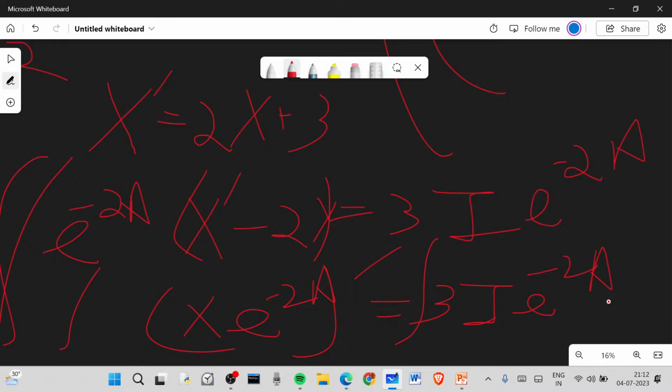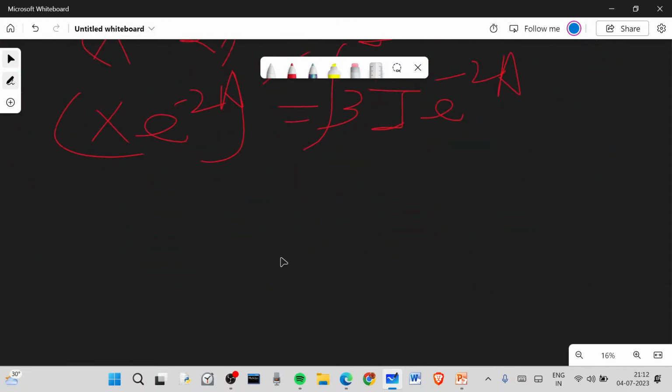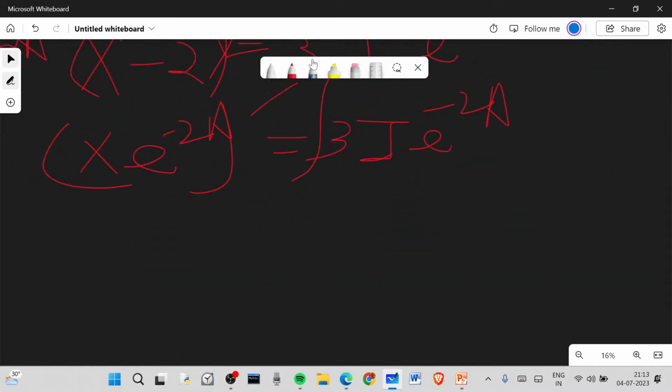Integration of a matrix definitely means the same thing. Like the matrix I will get by integrating every element of the function, like we did in derivative. So the integral of this is pretty simple, e to the power minus 2A. Sorry, not 2A, just 2I. Oh, this is a thing I've been missing for so long. It's 2I only.